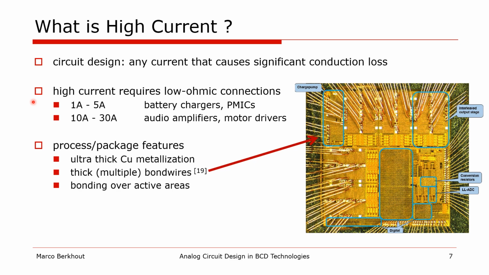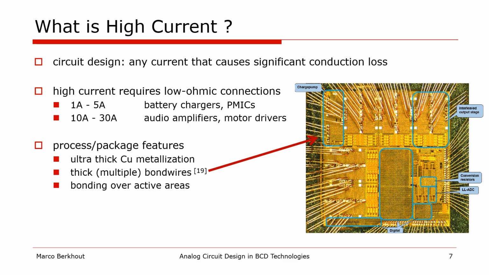Such high currents need solid low-ohmic connections that are made possible by dedicated process and package features such as ultra-thick copper metallization, thick parallel bond wires, and bonding on active area. And to give you a flavor, the picture on the right shows a 5-channel Class D audio amplifier that has more than 100 bond wires connecting the power supplies and outputs.